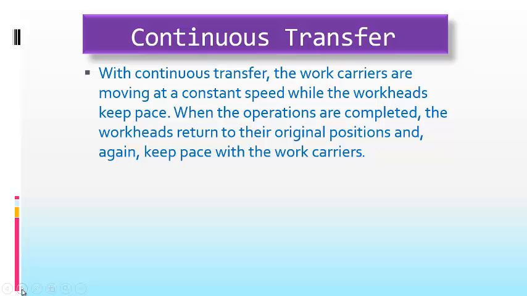And that means the work carrier, by which we mean the pallet or the fixture which carries the work, will move between stations, and while it's moving, the workhead will not do anything. When it becomes stationary, the workhead will go and assemble the component.